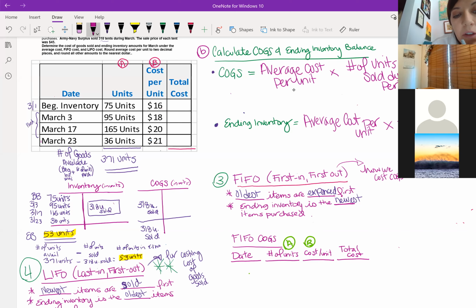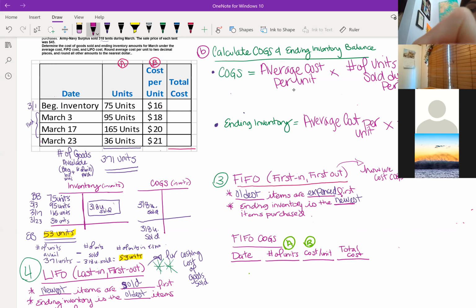After you calculate the number of units in ending inventory, we need to calculate our total cost or extended cost for each of these layers of inventory. So we purchase this number of units for each layer at a cost per unit, cost basis per unit for each layer.